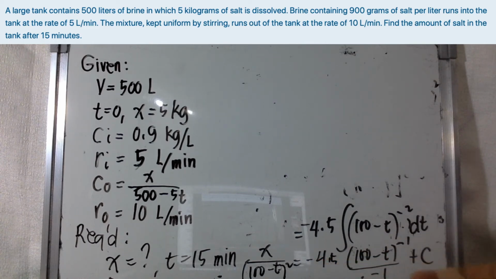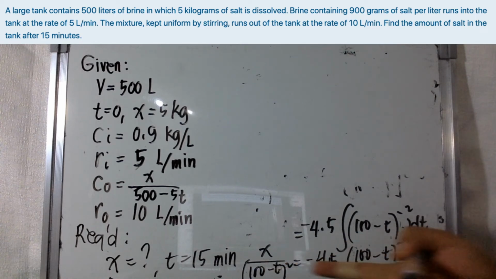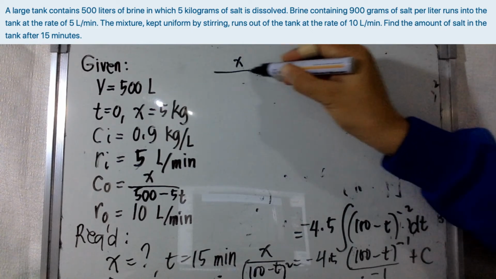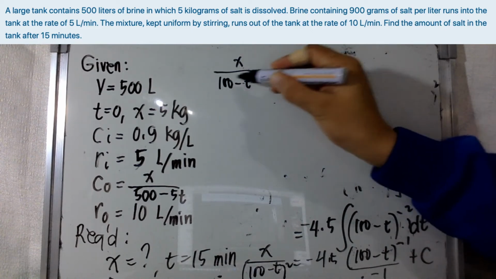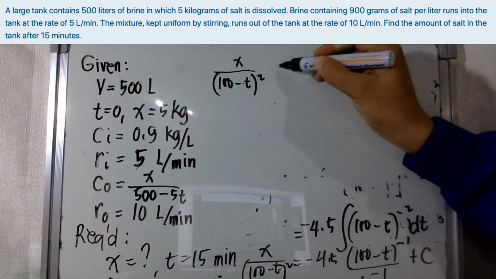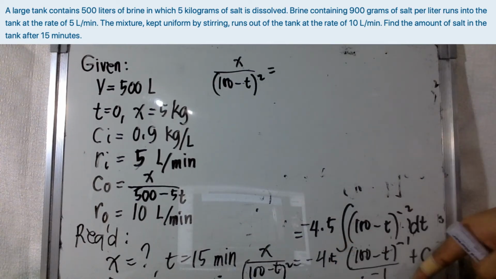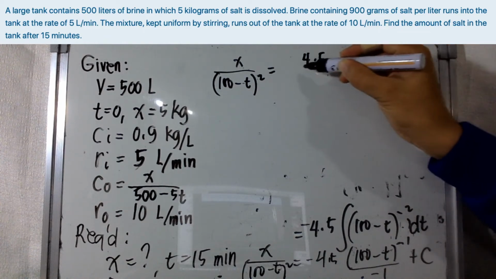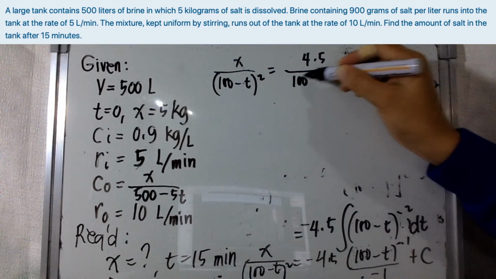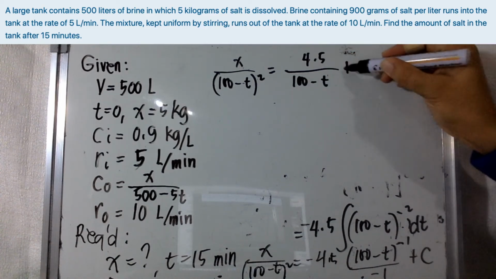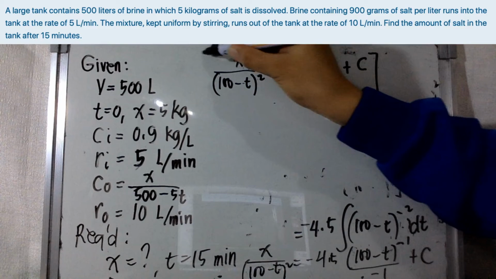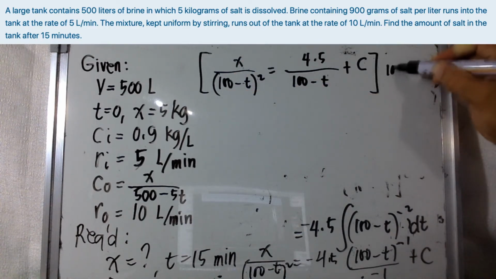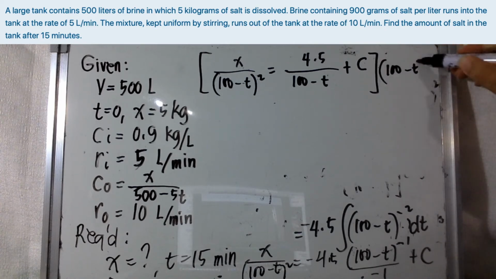So x over 100 minus t squared equals, so this becomes positive, and then bring this down. So we have 4.5 over 100 minus t plus c, and then we multiply the entire equation by 100 minus t squared to solve for x.